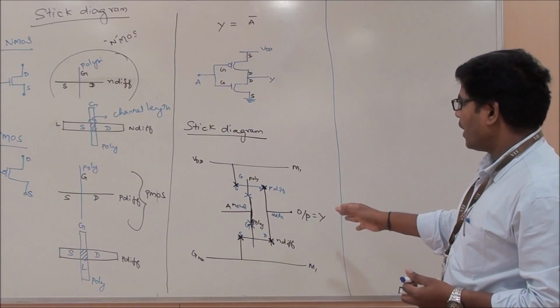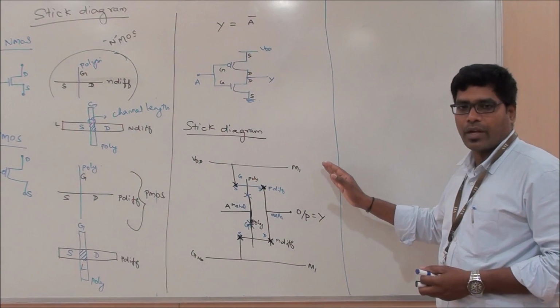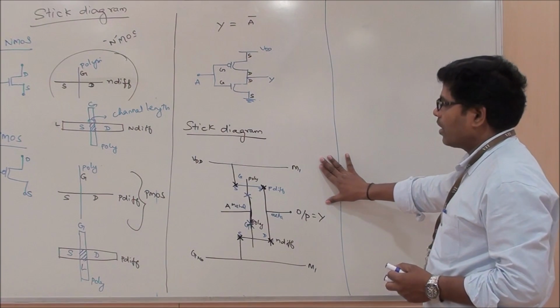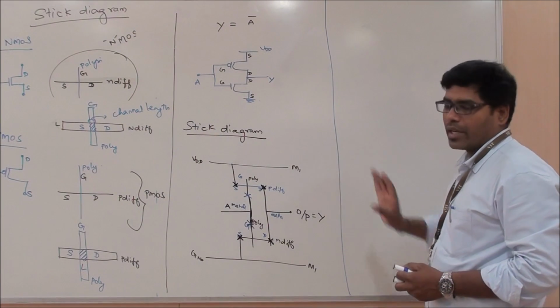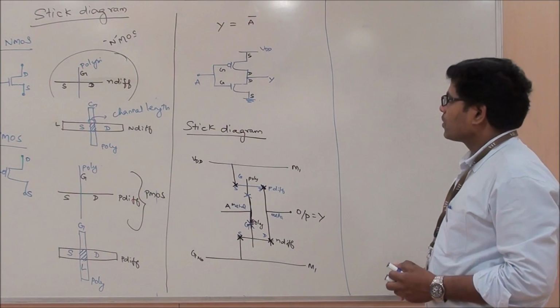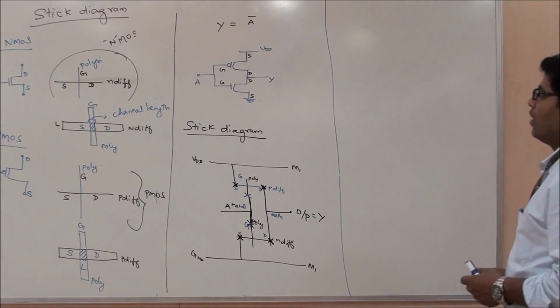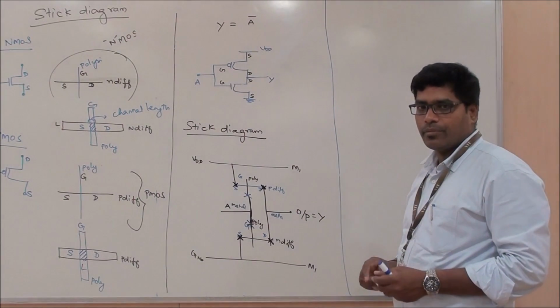We will look at how to draw the layout, or how to convert a stick diagram to layout, shortly. Before that, we will look at a couple of examples of how to come up with an efficient stick diagram. So this is a very trivial example where we have taken the function of an inverter, and for that we have drawn a stick diagram.